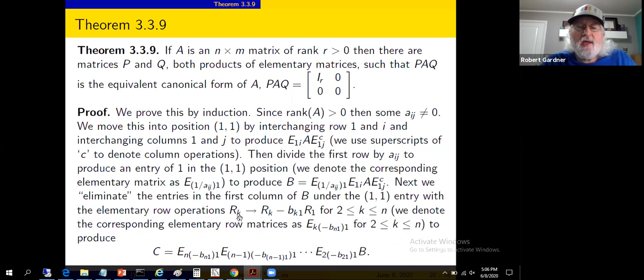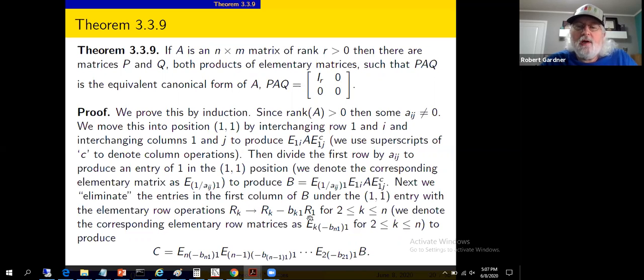So we'll take row K, and from row K, we'll subtract the first entry. I'm denoting this revised matrix as B. So the first entry in row K would be B sub K1, kth row, first entry. Take row K and subtract from it B sub K1 times row 1. That's the manipulation you would do to eliminate that first entry.